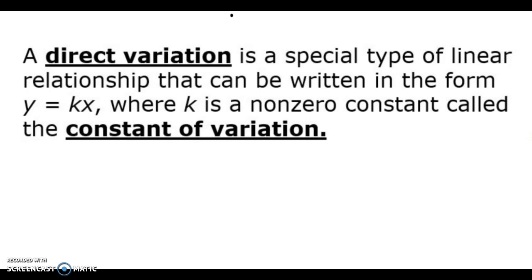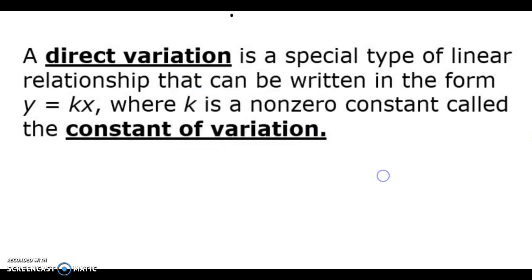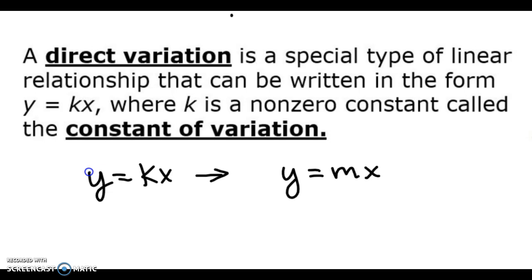All right, well, we're going to start today with a special type of linear relationship called direct variation. Direct variation is a linear relationship that can be written in the form y equals kx. That looks a lot like y equals mx plus nothing, so you can make that assumption: m and k are both slopes.